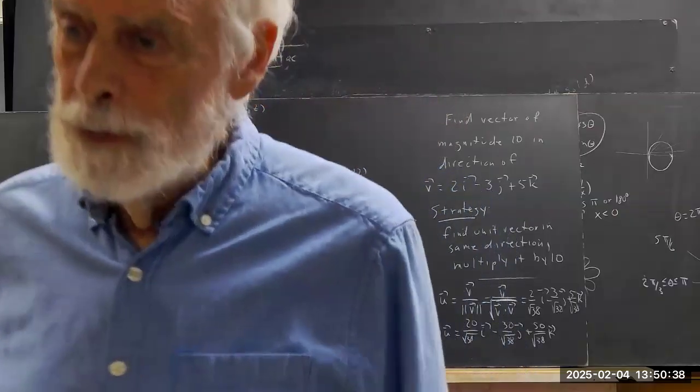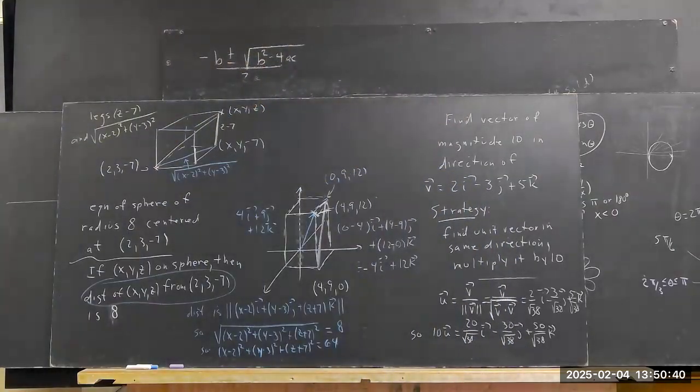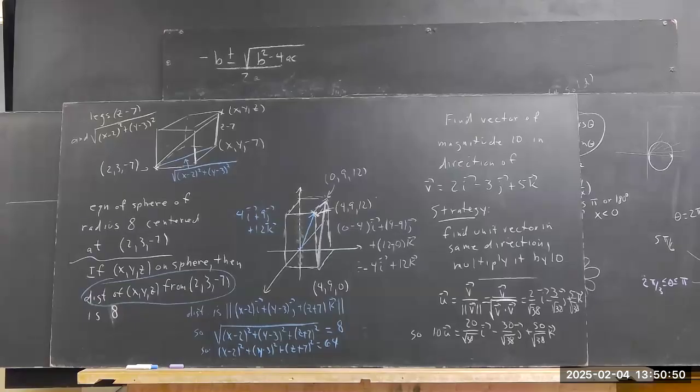In this chapter, all we've got left is reading this. Okay, all we got left is a section on the dot product, a section on the cross product, and equations of lines and planes, which is going to be a little bit of new stuff.